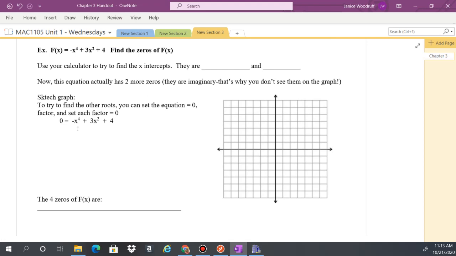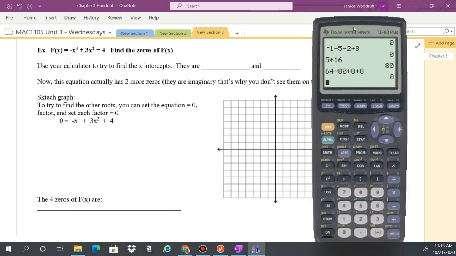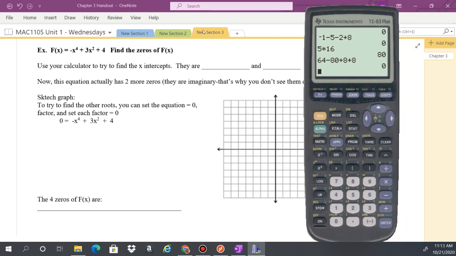It's still doable, but this is where it gets to be a huge pain if we don't have a graphing calculator. It takes much longer. So graph this: y equals -x^4 + 3x^2 + 4. And then we'll graph it.